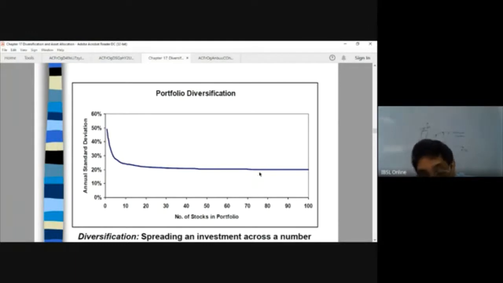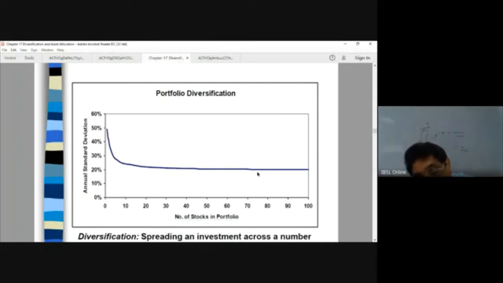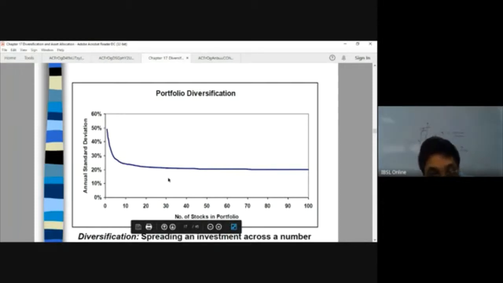But after a certain point, when you add another asset, the total risk may not come down. After 75, it would not be reduced further.